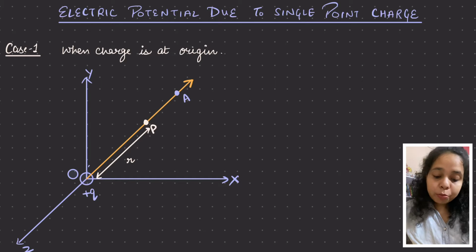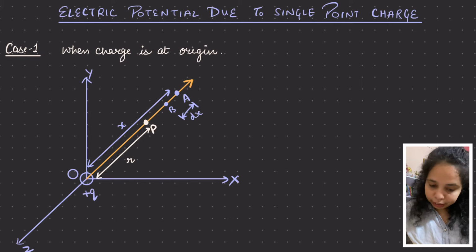We will consider a point A on the same line which is lying at distance x from the origin. Now plus Q naught charge will cover the distance A to B, B to P, and let us say it is covering a small distance AB which is equal to dx.